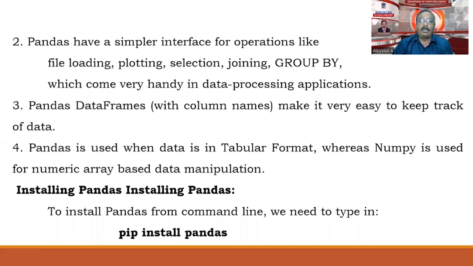Pandas has a simpler interface for operations like file loading, plotting, selecting, joining, group by, which come very handy in a data processing application. Pandas data frames make it very easy to keep track of data, and Pandas is used when data is in tabular format, whereas NumPy is used for numeric array-based manipulation.